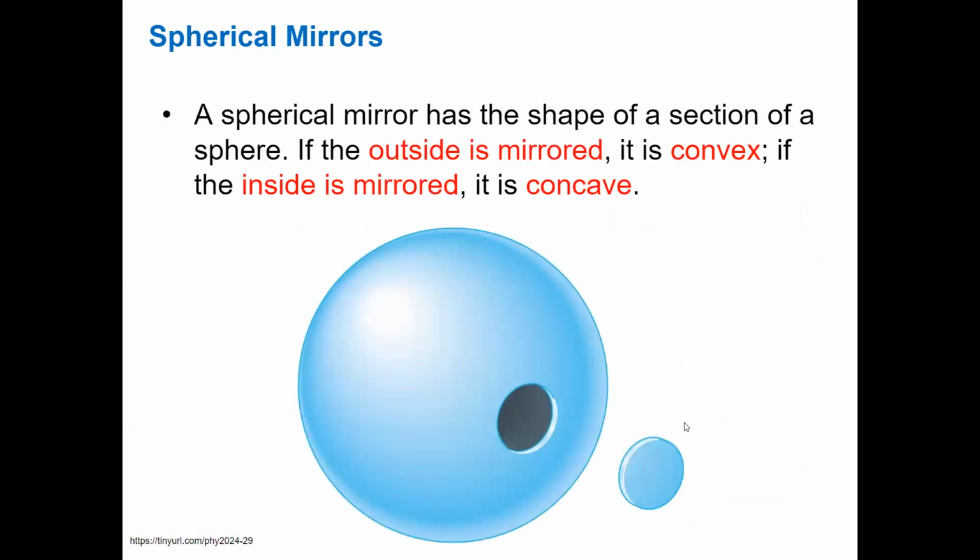All right, so we'll take a look at spherical mirrors. A lot of times we are using spherical mirrors. For example, at the corner of a building, sometimes you'll see a mirror on the wall, and it's actually a spherical mirror.